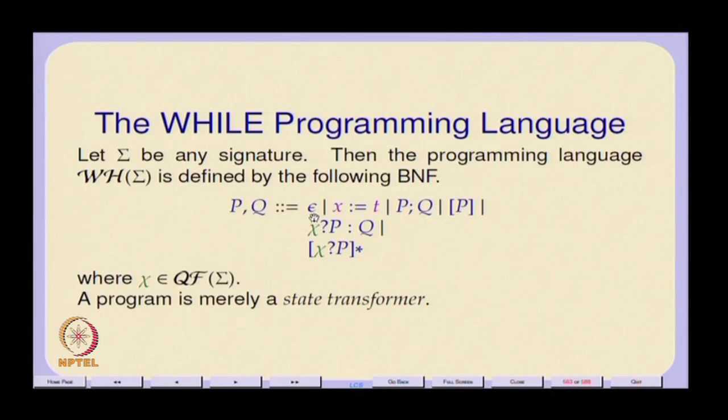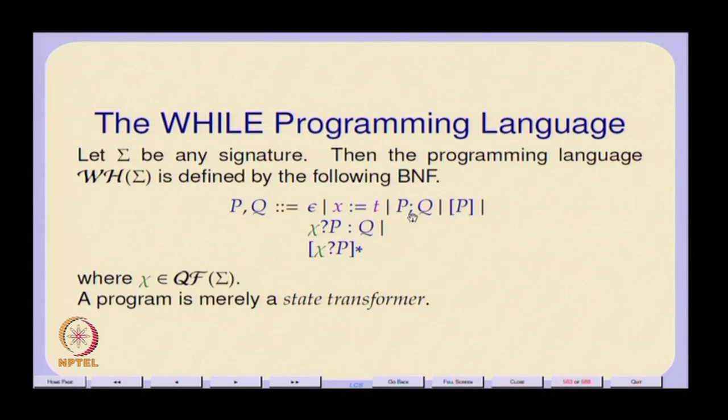But the more interesting thing about epsilon, algebraically speaking, is that epsilon is the identity element for composition. Okay. So, epsilon semicolon P is the same as P, that is the intention. P semicolon epsilon is the same as P, even if P is not terminating.